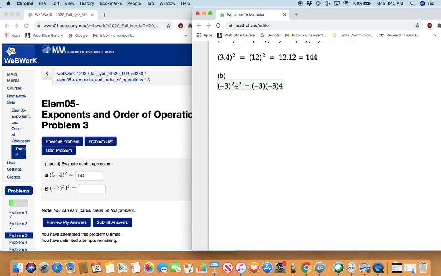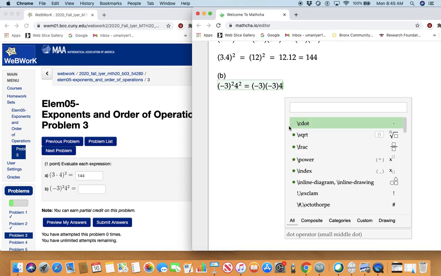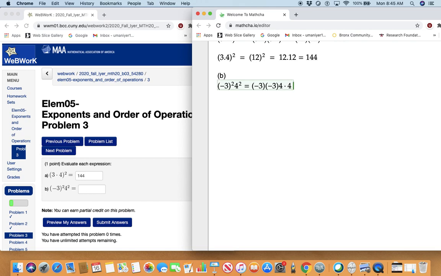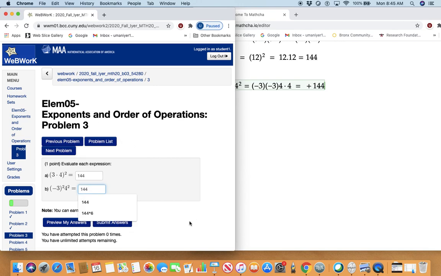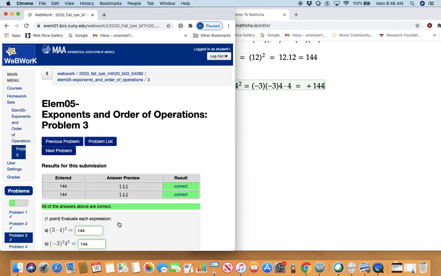And then you have 4 that you're multiplying it to. All right. So 2 negatives make a positive. Now you simply multiply. 9 times 4, 36. 36 times 4 is 144. Okay. Next problem.